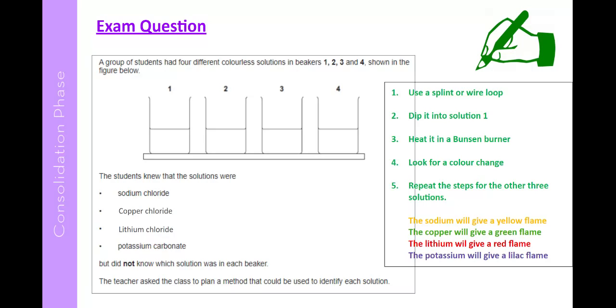And then, guys, you need to make sure you say repeat the steps or repeat this process for the other beakers, for the other samples. If you didn't say repeat it, okay, how are you going to know which one's which? And you would have got a mark if you gave any of the positive colours. So sodium gives a yellow flame, copper gives a green, lithium gives red, and potassium gives lilac.